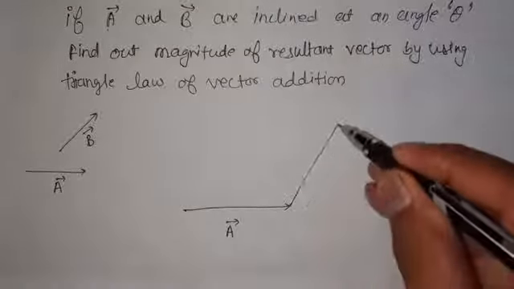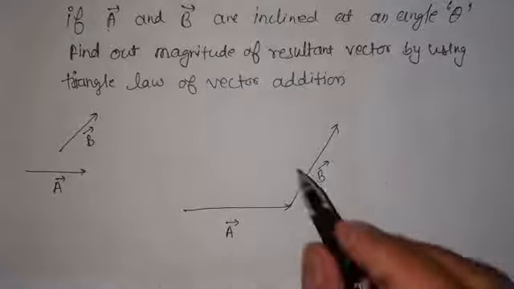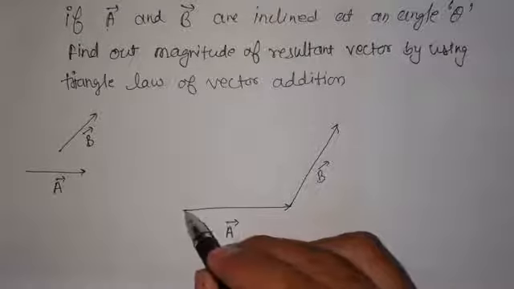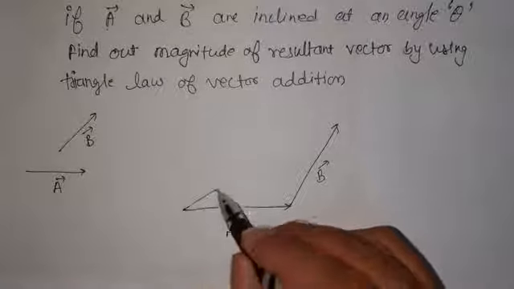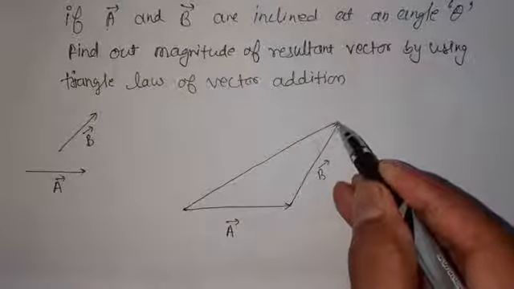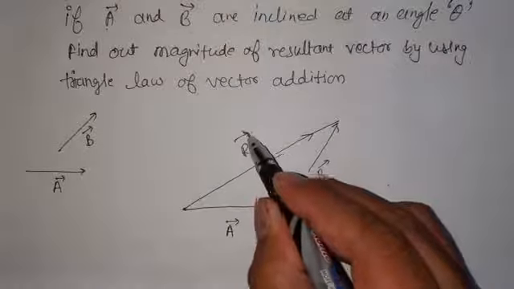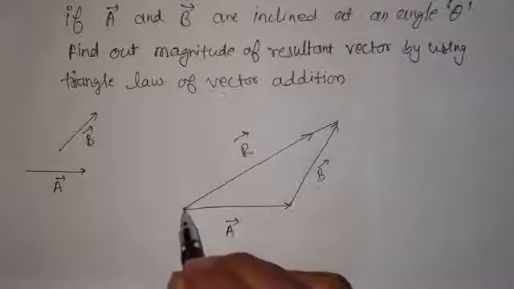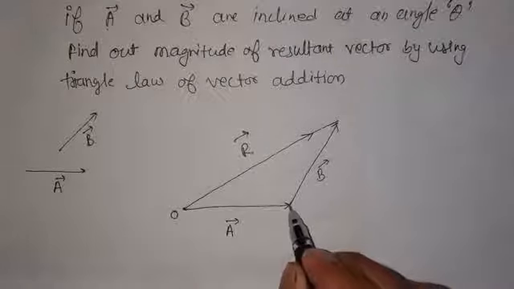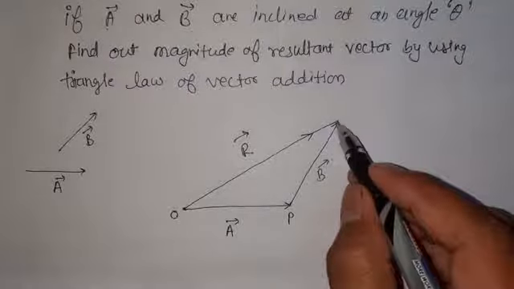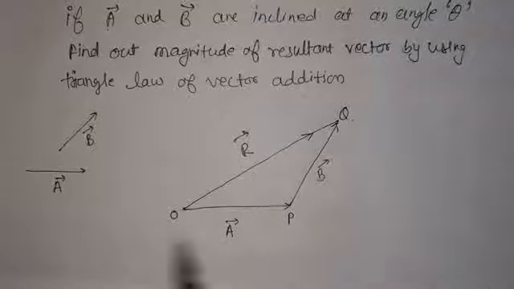Here in the same order we have taken the second one, which is the B vector. Now the closing side will give us the resultant vector, which is R vector. Let this point be O, this point P, and this point Q. So this is the triangle.